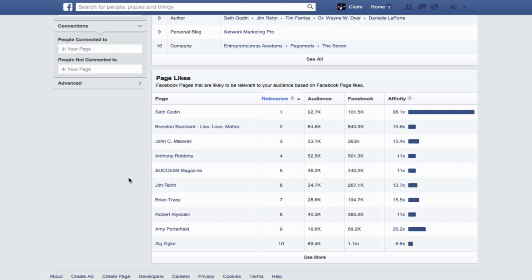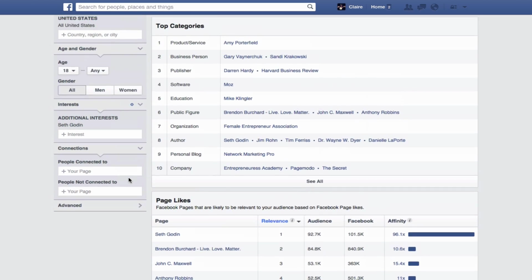You know how a lot of times you'll put in a page that you really like? I just tried to put in the Middle Finger Project, which definitely has an audience similar to mine, but it doesn't pop up in the Power Editor under interests, which is really frustrating. So this is a good place to look for interests that are most likely going to be available for you to use in the Power Editor.